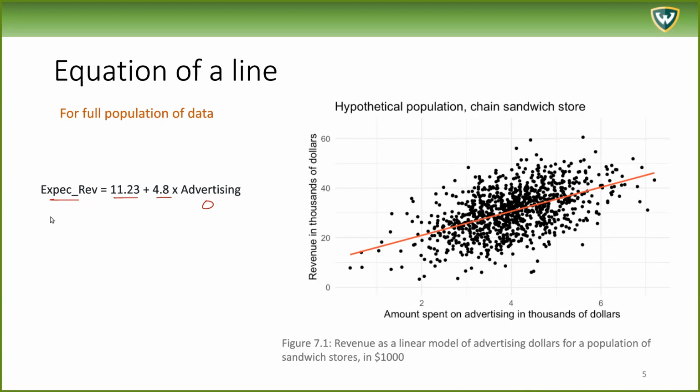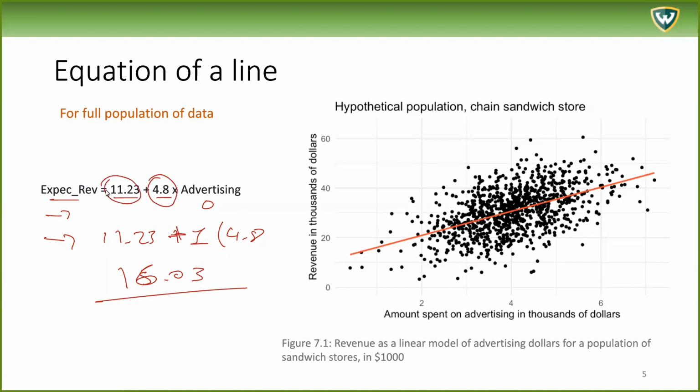Now, what happens if your advertising is $1? Well, if it's $1, you get 11.23 plus 1 times 4.8. So you get 16.03 in revenue, right? And that's just kind of following the line because we identified that slope. This is the key point here.